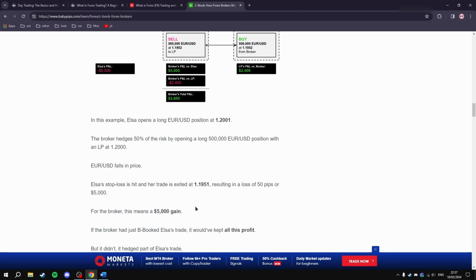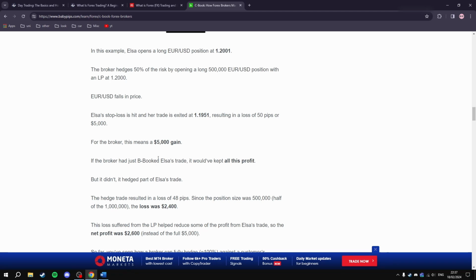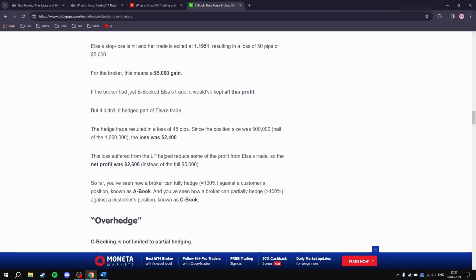For the broker, this means a $5,000 gain. If the broker just B-booked Elsa's trade, it would have kept all this profit, but it didn't. It hedged part of Elsa's trade. The hedge trade resulted in a loss of 48 pips since the position size was 500,000. The loss was $2,400. This loss suffered from the liquidity provider helped reduce some of the profit from Elsa's trade, so the net profit was 2,600 instead of the full 5,000.